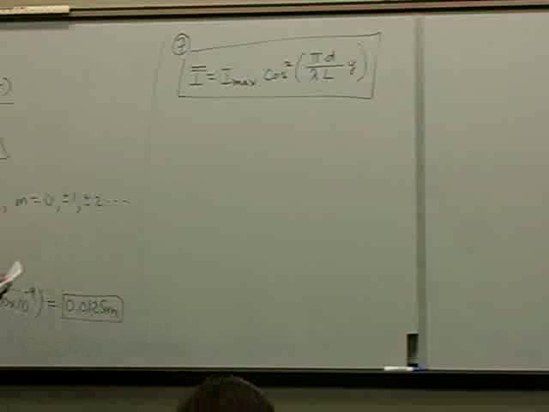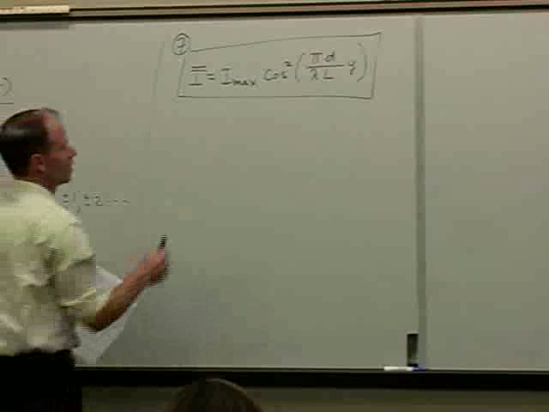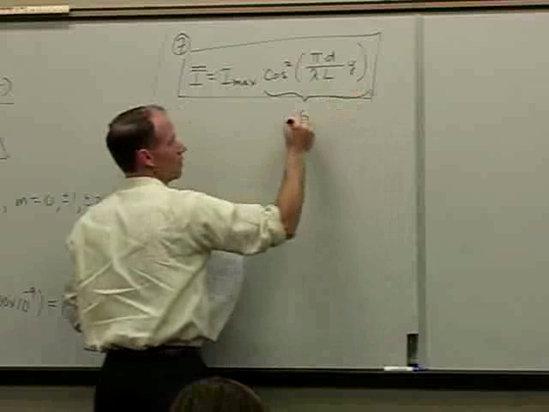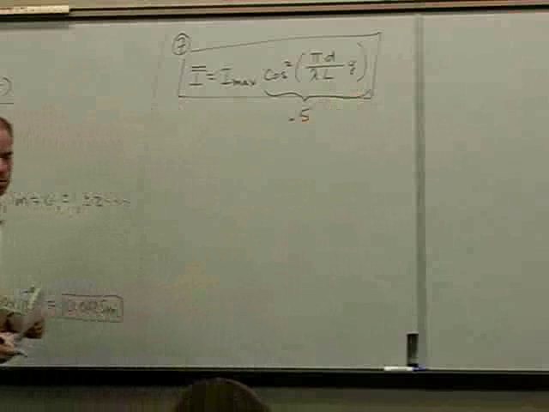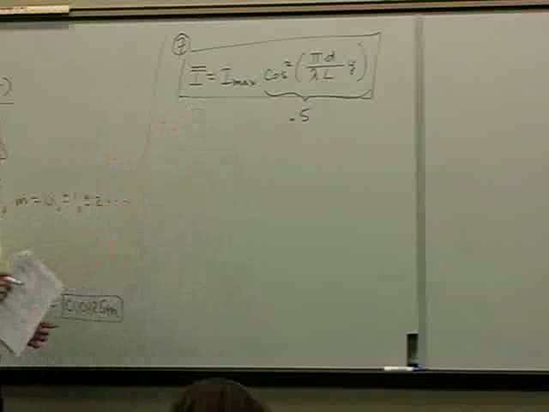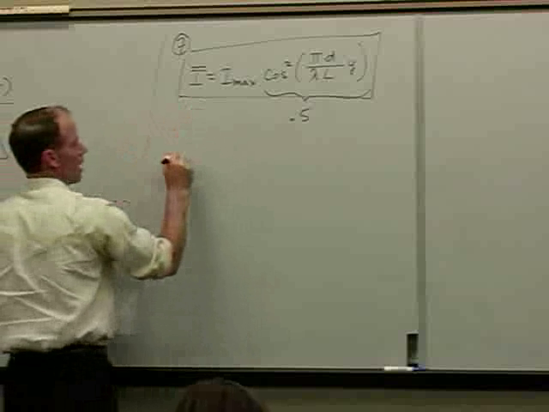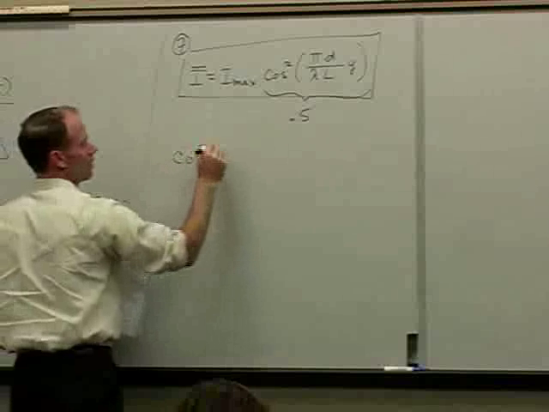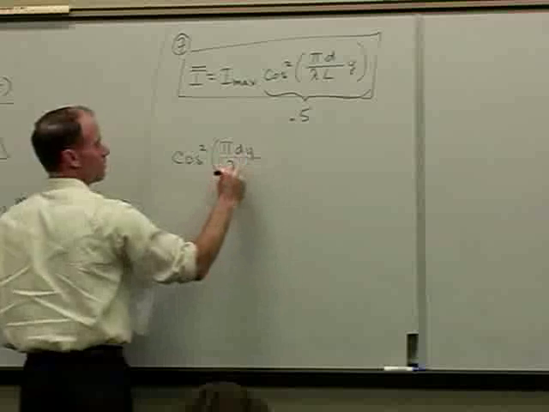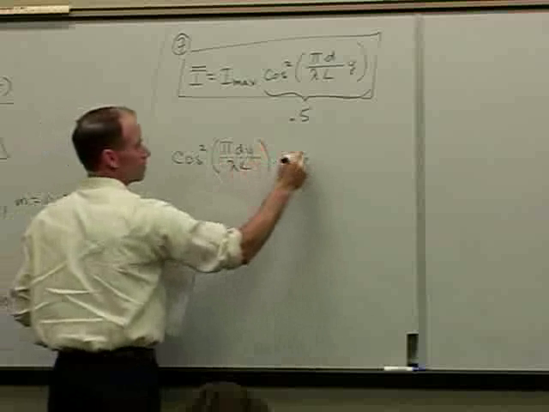We want the average intensity to be 50% of the central maximum, so cosine squared of pi d y over lambda L equals 0.5.